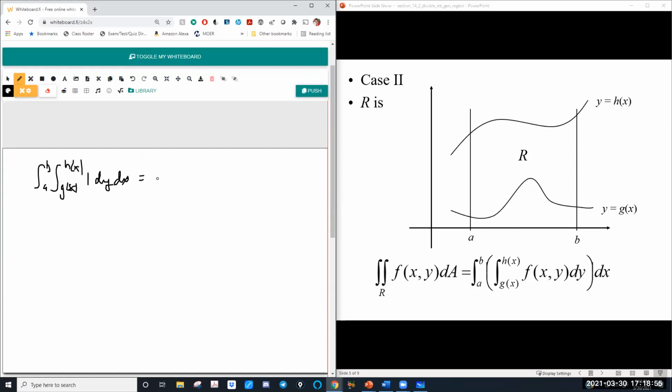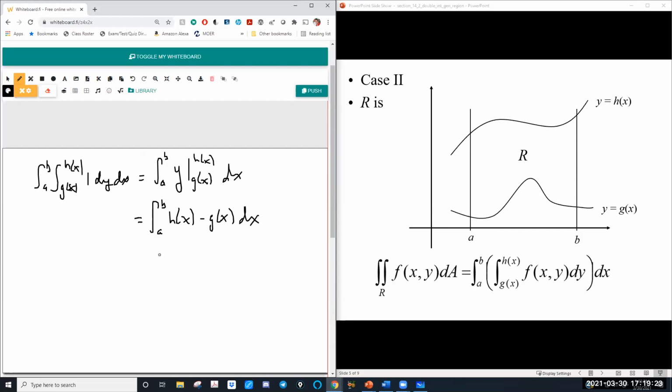My first thing I'm going to do is take that first antiderivative, and that's just going to be y from g to h dx. So upper minus lower. So a to b of h of x minus g of x dx.